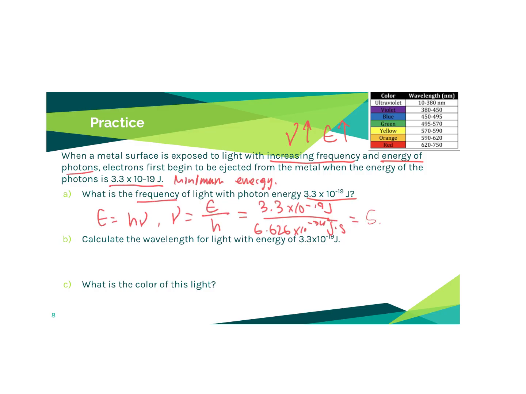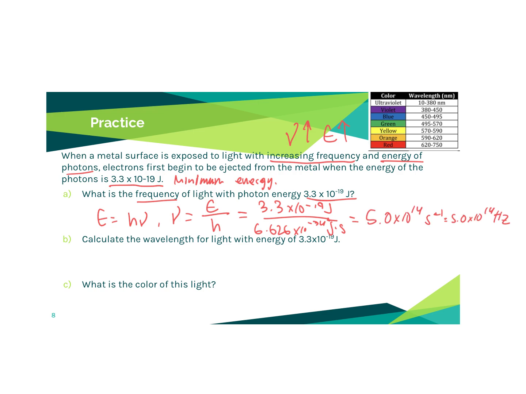And this would give us 5.0 times 10 to the 14th hertz, or I should really write per second, 1 over second, second to the minus 1, which is equal to 5.0 times 10 to the 14th hertz.